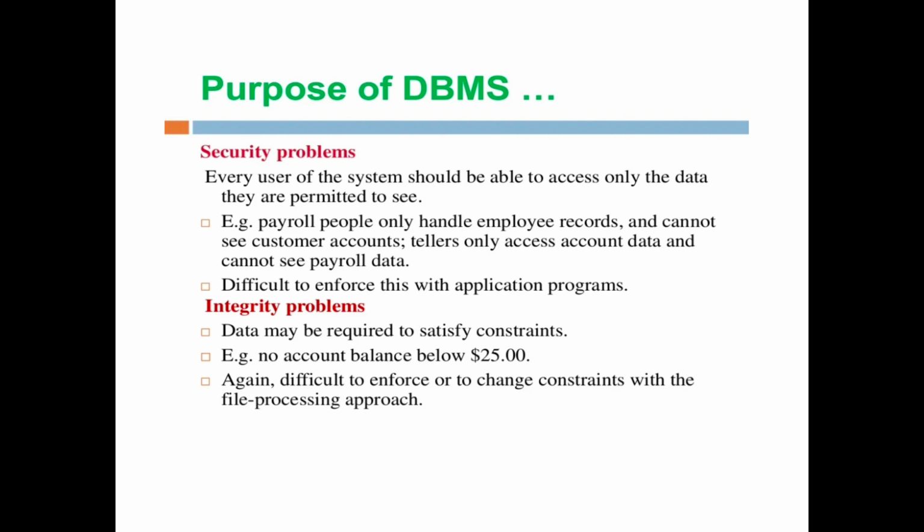Next one is the integrity problem. Here we have to put some constraints on the data. For example, accounts must maintain a minimum balance of 10,000. For accounts below that, we need a constraint. In the RBI example, for accounts with a balance below 1,000, we reduce by 250. If this constraint is enforced in the application, every time we have to manually check the accounts for 250 minus, which is not right.